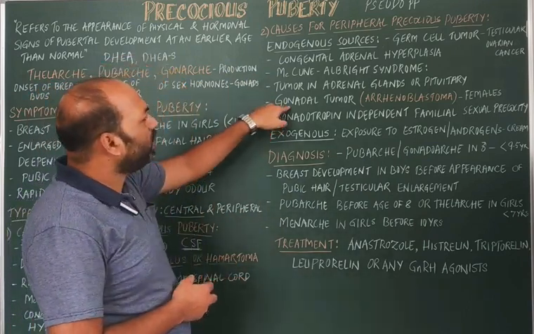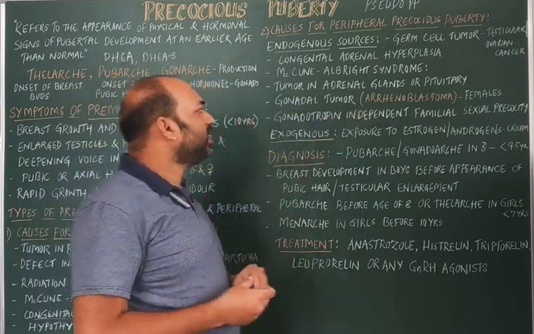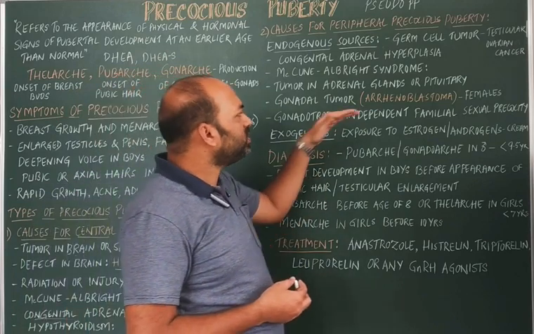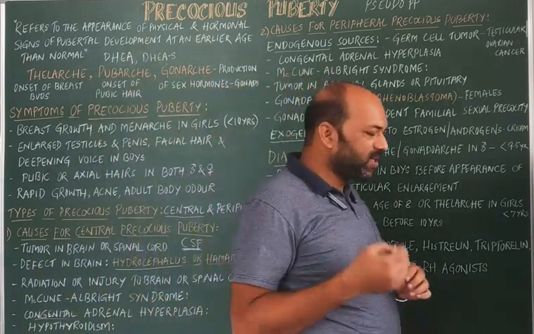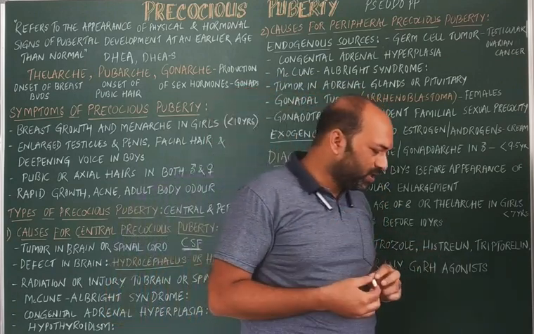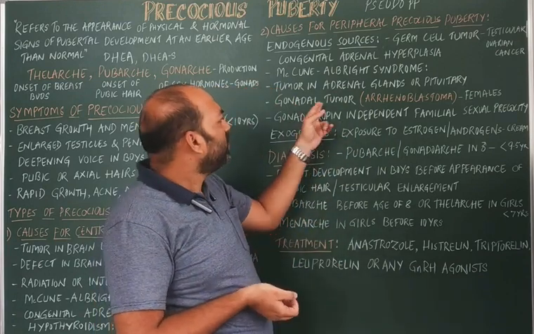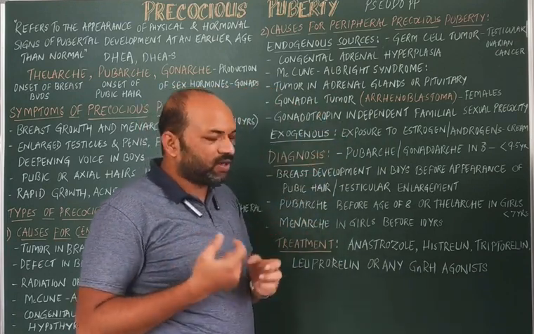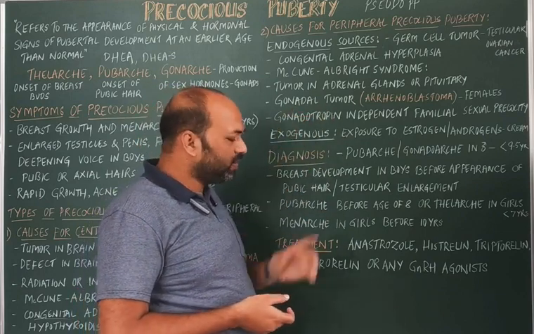Next is gonadal tumor. A gonadal tumor is also called arrhenoblastoma. This arrhenoblastoma is commonly seen in females, and the gonads there are the ovaries, so we can call this gonadal tumor an ovarian tumor, because it is associated with the female gonad.